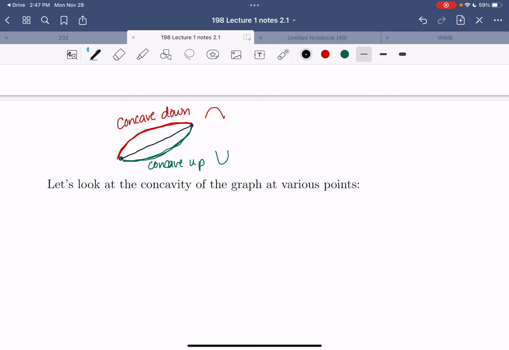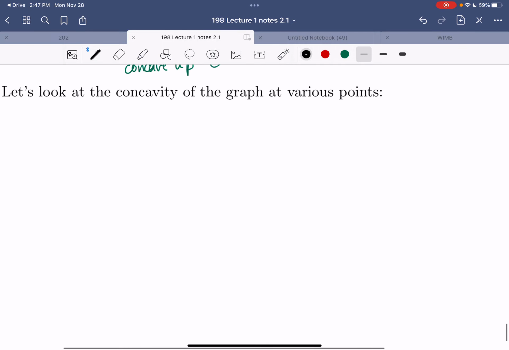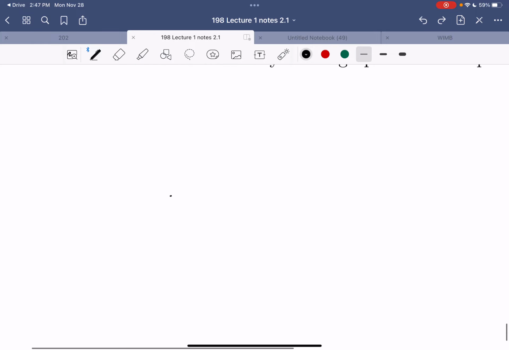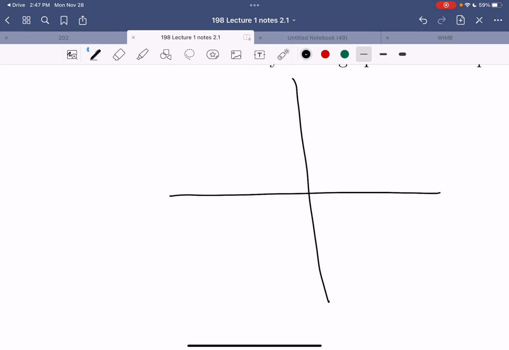So this time, let's take a look at another graph. And again, I'm going to give you a little plot here. And let's say that I've got a point here at x equals 0. And then let's go to a point up here at 2.